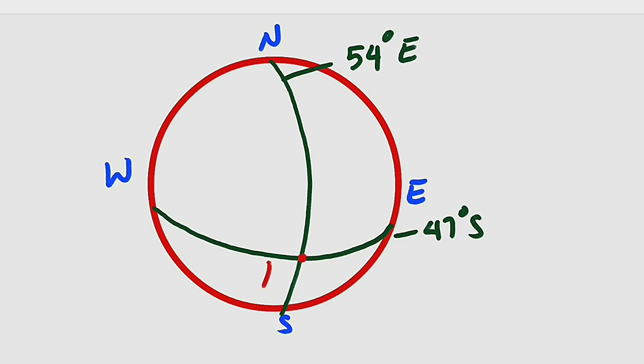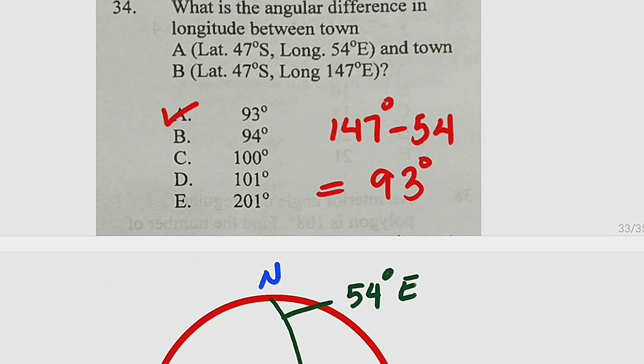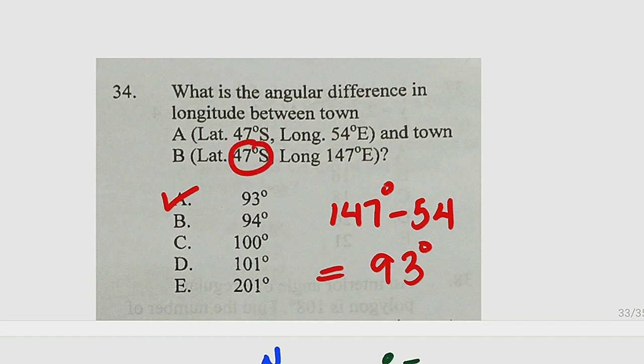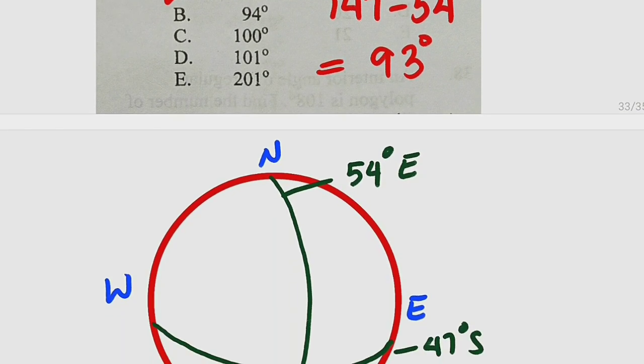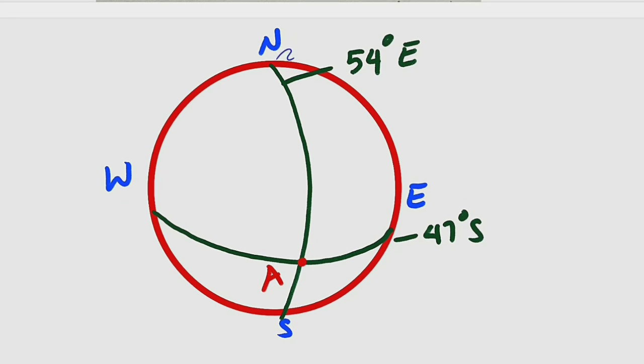So this determines town A. Then the second one is on the same latitude, so that we don't have to construct another latitude, but on the longitude of 147. So longitude of 147 should be somewhere here. So you see the point of intersection is this. So this is point town B.